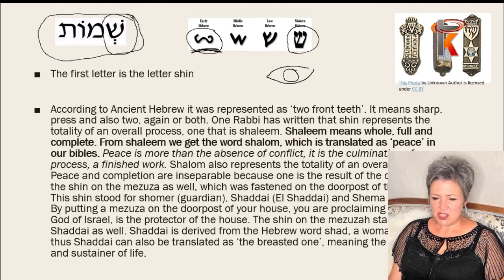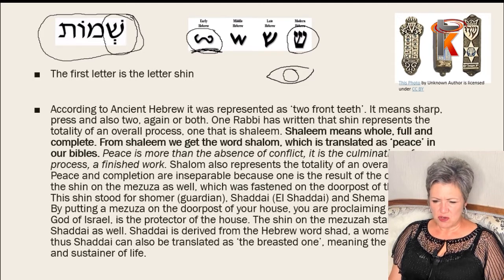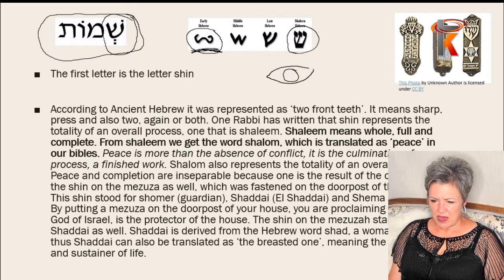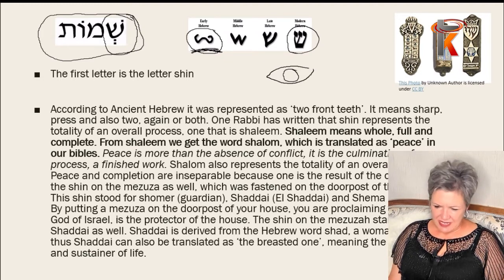Now, according to ancient Hebrew, it was represented as two front teeth. It means sharp, press, and also two again, or both. That is what this letter means in the ancient Hebrew. Now, one rabbi has written that Shin represents the totality of an overall process, one that is shalim.